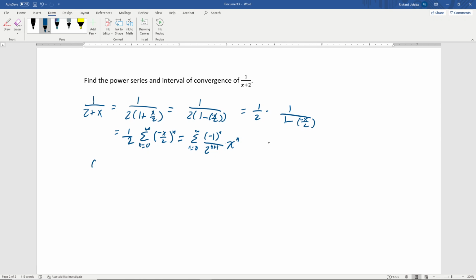Now this converges when what we're plugging in, negative x over 2, has an absolute value less than 1, so that is when the absolute value of x is less than 2. So that would be our interval of convergence for that power series.